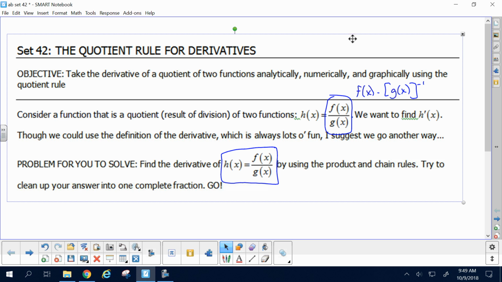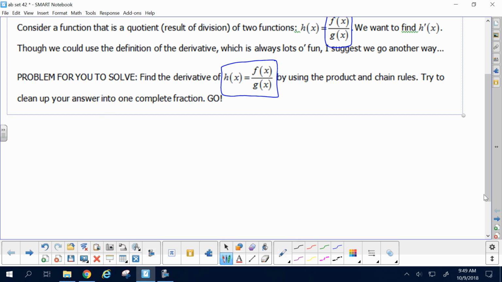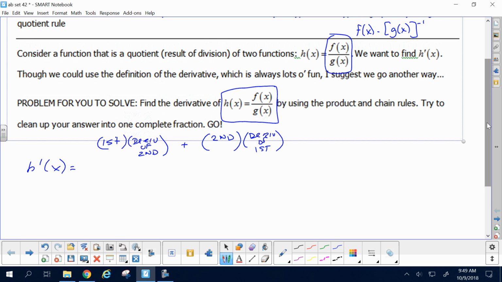Okay, so how do you take a derivative? Derivative second? No. You move it out. Oh, wait, we should have done this.